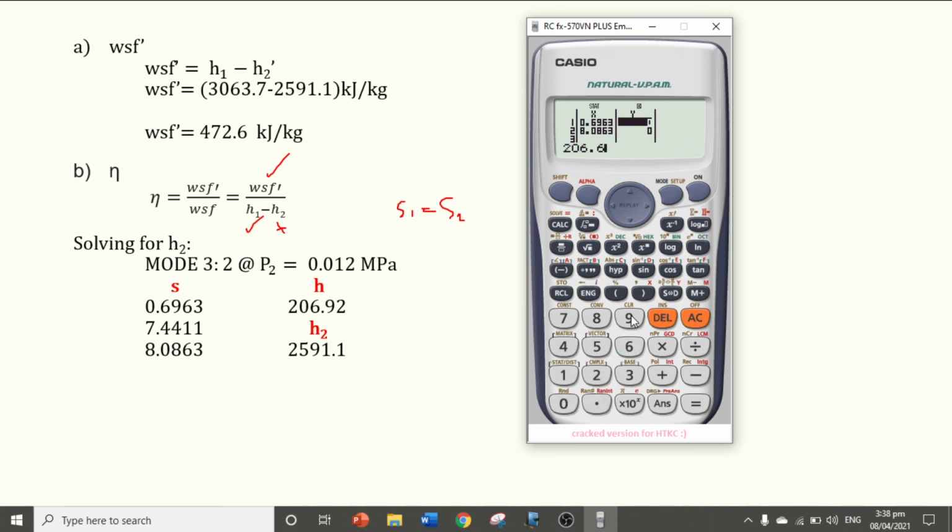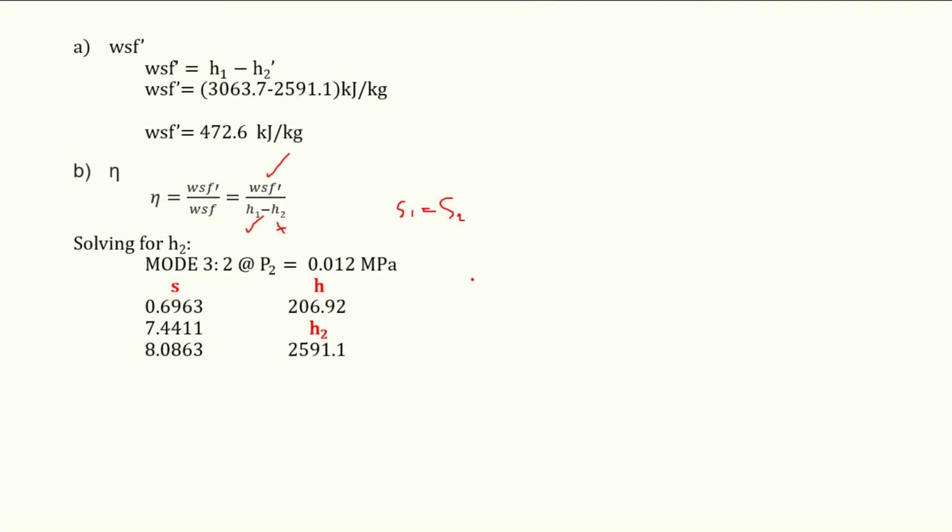Ilagay lang natin si entropy 1 is equals to entropy 2, 7.4411. Therefore, H2 is 2382.944 kilojoules per kilogram.